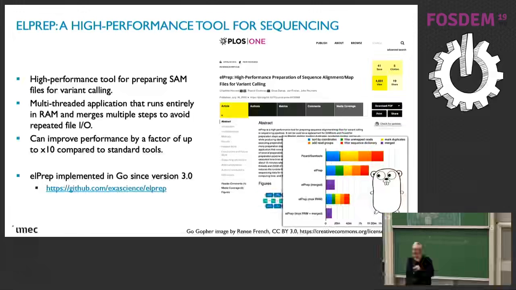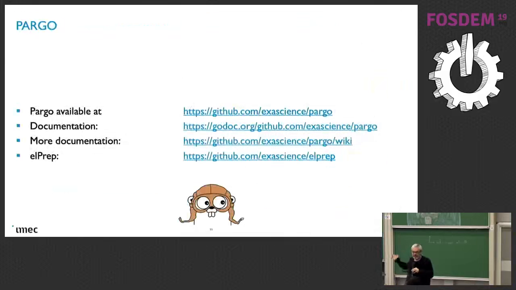And it runs 10 times faster because we're using the Pargo pipelines and some of the other Pargo functionality that I just described. It's implemented in Go since version 3.0, and it's available as an open source project at this link. So we're eating our own dog food, and we're making this available so you can also use it in your projects. So Pargo is available at this URL.